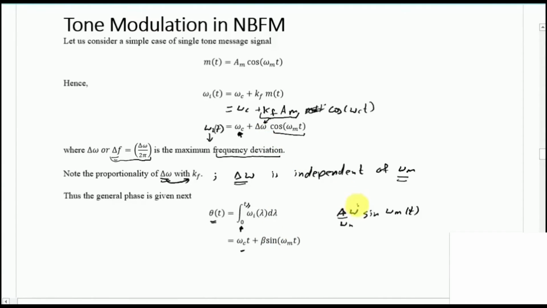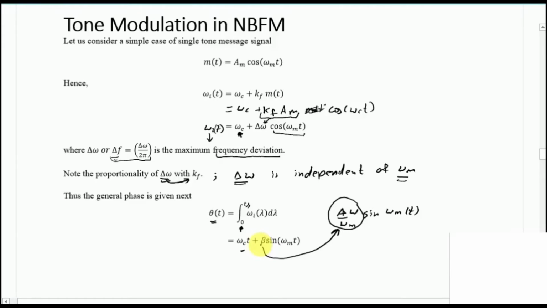So delta omega by omega_m is beta. And beta in FM is similar to the symbol that we used in AM, which was mu. That is the modulation index. So this beta is the modulation index.